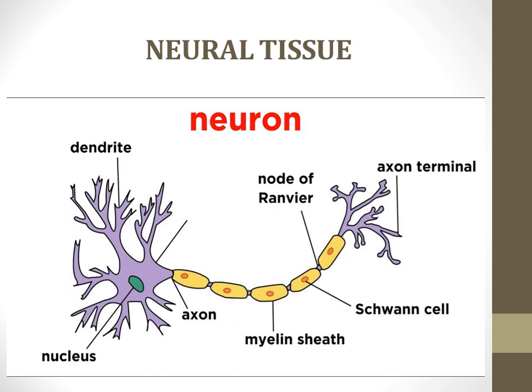This is a simple structure for a neuron. The first part consists of the nucleus, the cyton region actually. The center has the nucleus and it has branches known as dendrites. The next part is the unbranched region, known as the axon. Then this axon ends with the terminal region, known as axon terminals. Right? So this is the basic structure of a neuron. Is it clear?